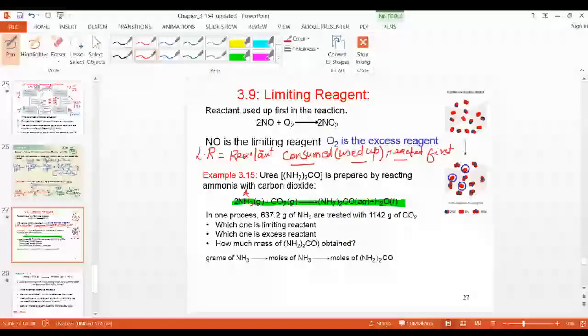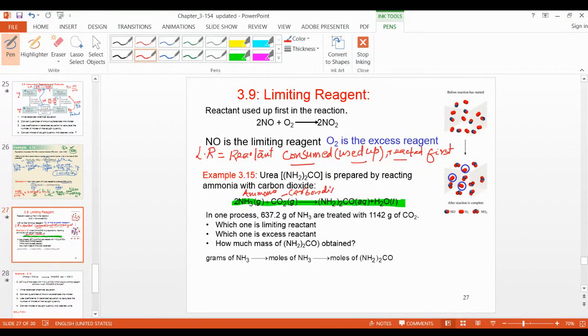This is ammonia, this is carbon dioxide, this is urea, this is water.